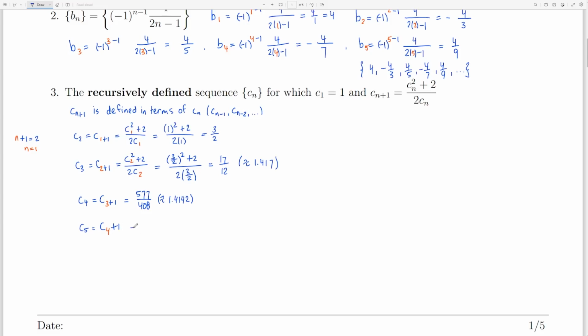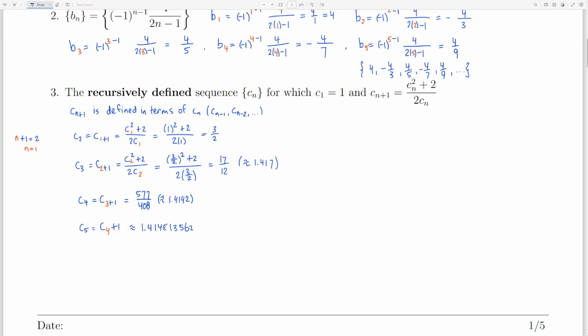If you do that, we take this, we square it, we add 2, and then we divide by 2 times this value. At that point, it doesn't really make sense to write it as a rational number, and we can just write down the approximation of this as a decimal number. And it turns out that C5 is approximately equal to 1.4142 13562.